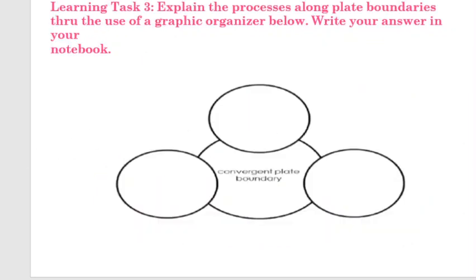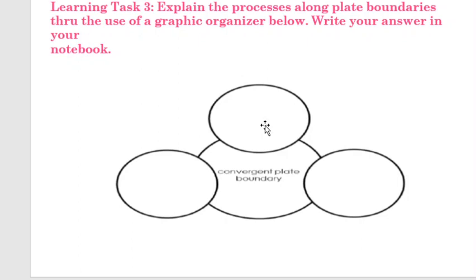For learning task 3, you should be able to explain the processes along plate boundaries using this graphic organizer. If you can see, you have here in the middle written convergent plate boundaries. We have 3 convergent plate boundaries. You can write here 1, oceanic-continental.